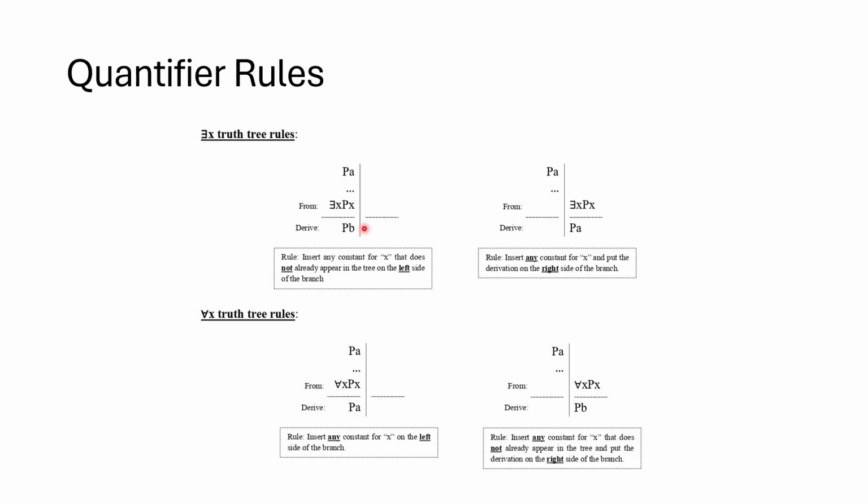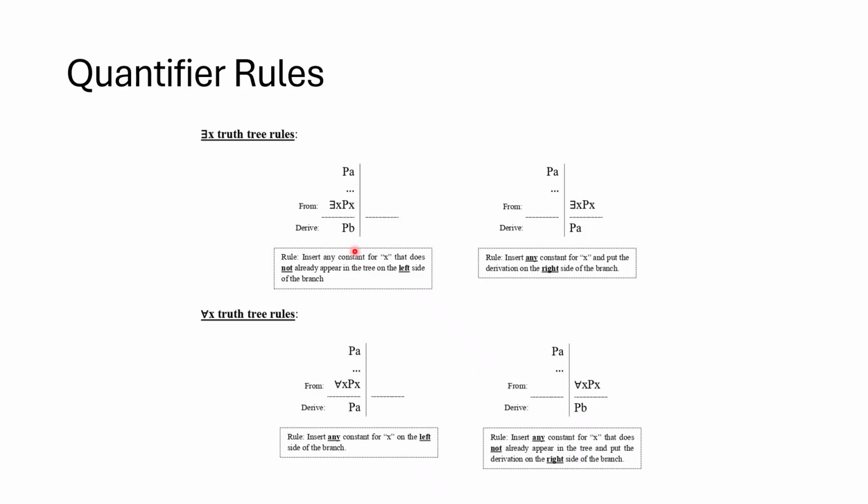Now, what makes this tricky is that 2 of these are limited and 2 of these are unlimited. What I mean by that is a quantifier is limited if you cannot repeat some constant that appears earlier in the truth tree.